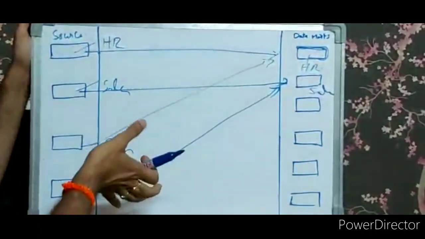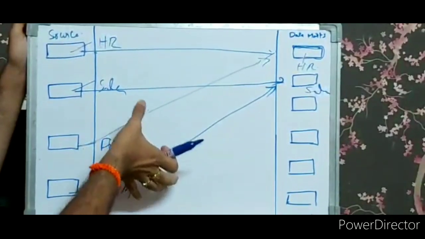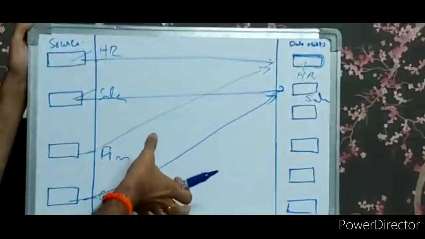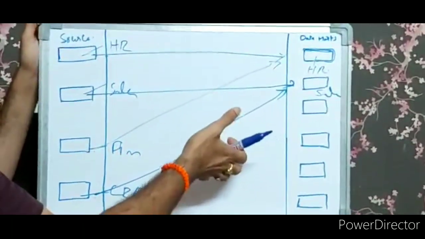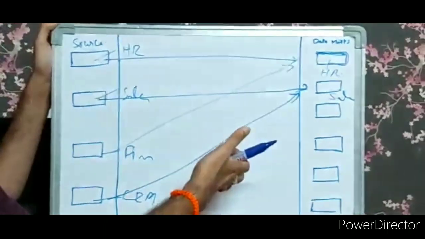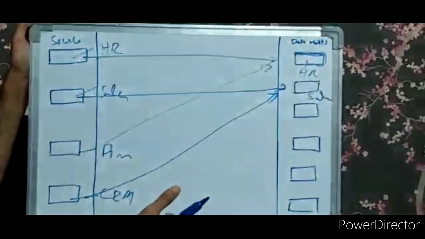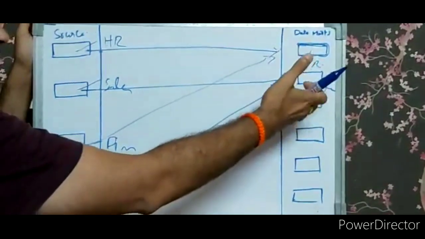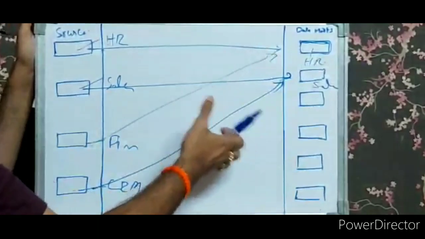So it is a very complex architecture, because there is no common repository of data here, and because of that it's very difficult to maintain the data controls, and data redundancy and data accuracy may have to be compromised. Suppose HR or the sales data mart needs an immediate snapshot of data.